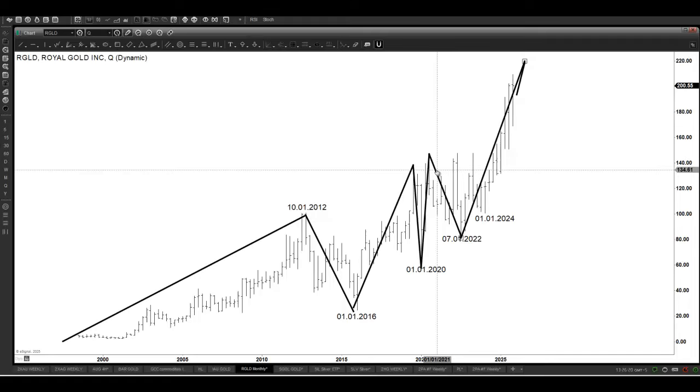So, if you look at it, how many waves do you guys see from here up to here? How many swings? Five, right?